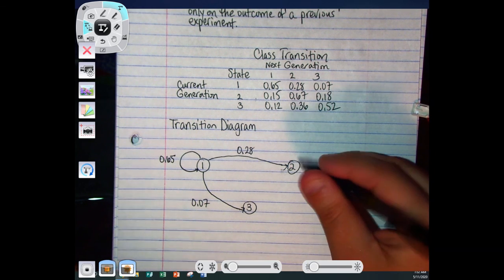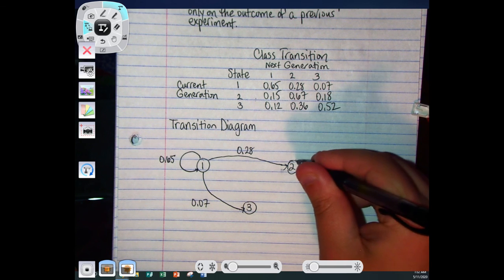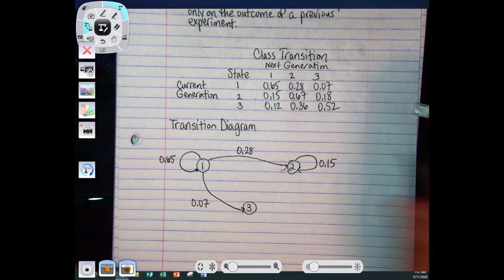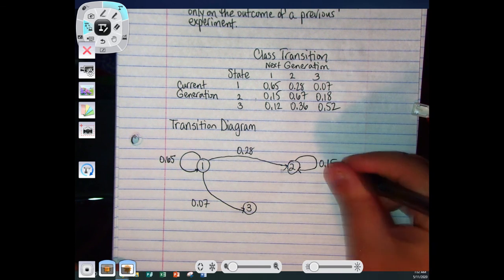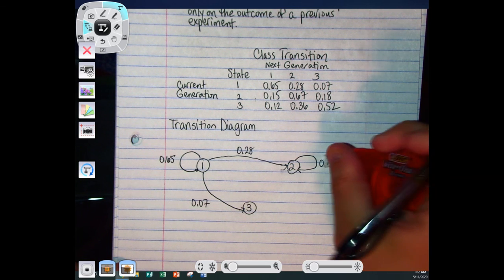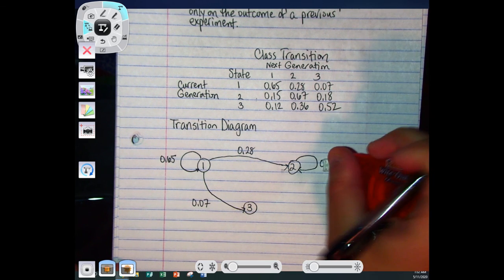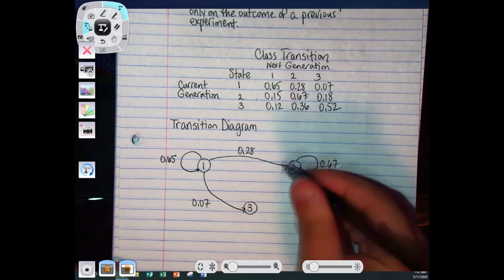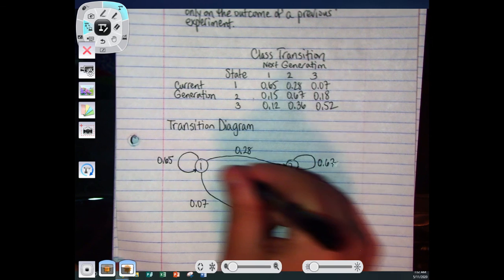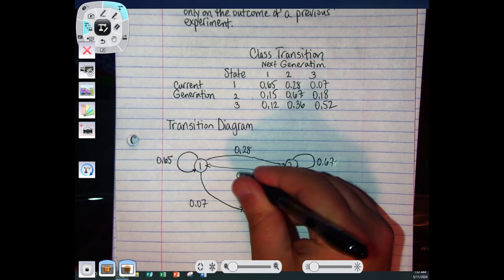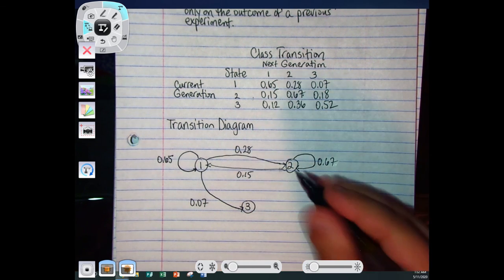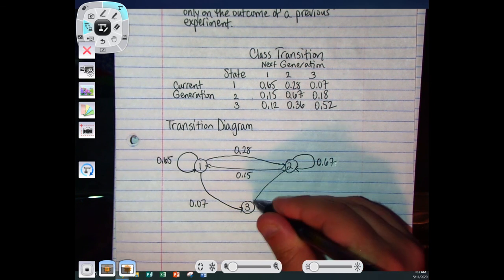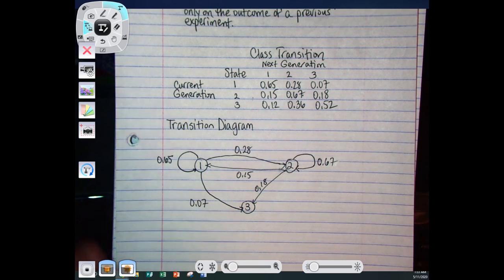So to go from state 2 and stay within state 2, 0.15. No, sorry, 0.67, not 0.15. I read it wrong, because again, it comes from this entry. To go from 2 to 1, it's a 0.15 probability. And to go from 2 to 3, it's a 0.18 probability.